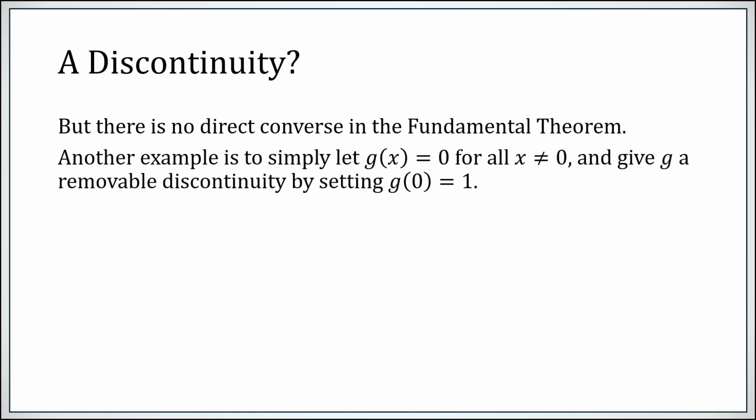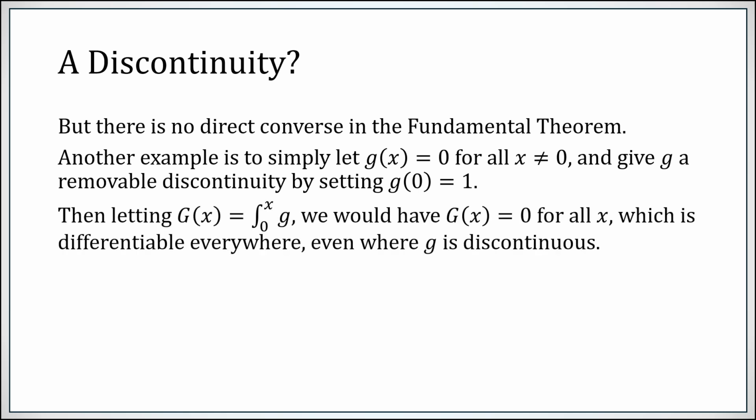So another example is to just let g of x be 0 for all non-zero values of x, and then give g a removable discontinuity by setting g of 0 to be 1, or really anything other than 0. Then if we construct this integrating function, capital G will be 0 everywhere, which is differentiable everywhere, even at the single point where g is discontinuous.